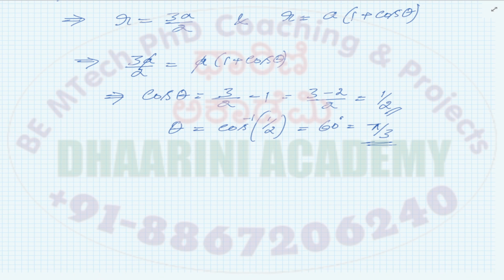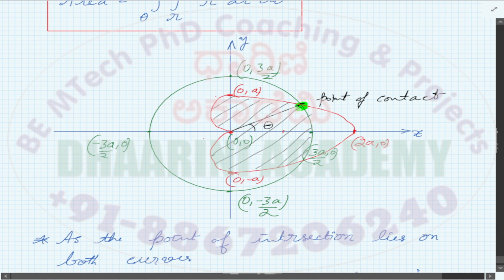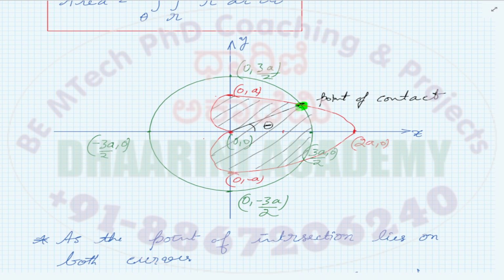Now with respect to the given diagram, I understood what the specific value of theta is at which my two curves are going to meet. Okay, right.